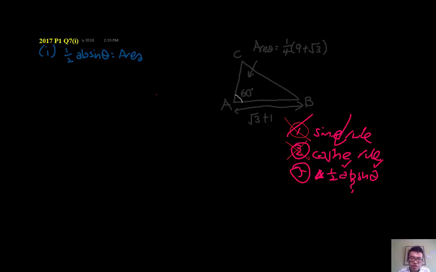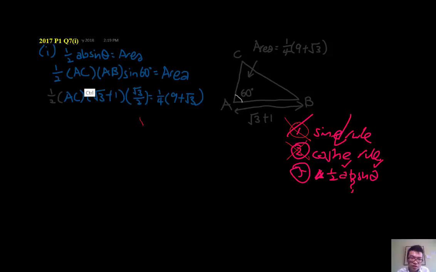Let's just put this as A. AC being one of the lengths, AB being the other length, square root 3 plus 1. So what you have is half times AC, times the other length, times sine 60 degrees equals the area.